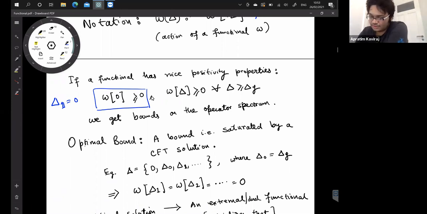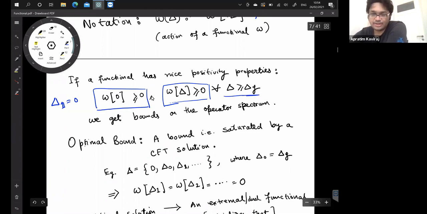So if you have a functional whose action on the identity is greater than or equal to 0, and its action on any other generic dimension is also non-negative if delta is bigger than a certain value, delta G. If you have these properties, you get bounds on the operator spectrum, right?